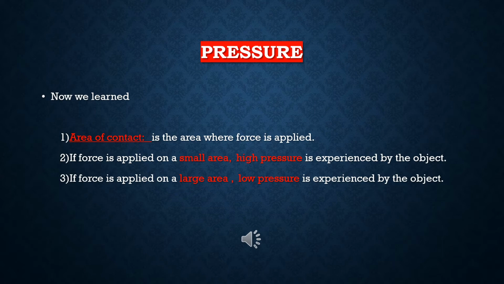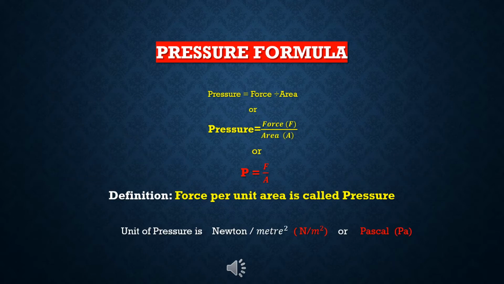And if force is applied on a large area, low pressure is experienced by the object. Thus we know that pressure is related to force and area. If area is increasing, pressure is decreasing. If area is decreasing, pressure is increasing.